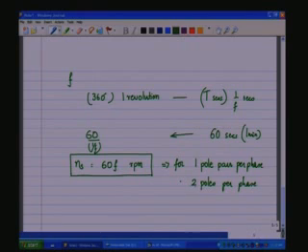So if we use this notation, that is, instead of saying poles, we say pole pair, then we say it is 60F by pole pair.